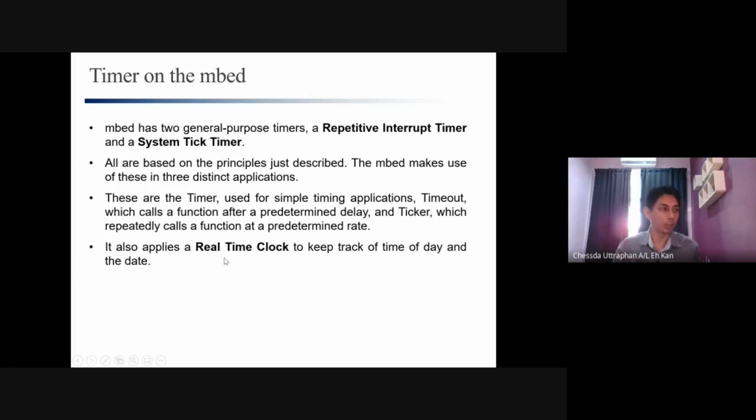The real-time clock is another timer used to keep track of the time of day and date, and it always runs on an independent battery inside your microcontroller, just like your computer. If you want to get the real time and date, you can use this real-time clock. So let's go through these one by one.